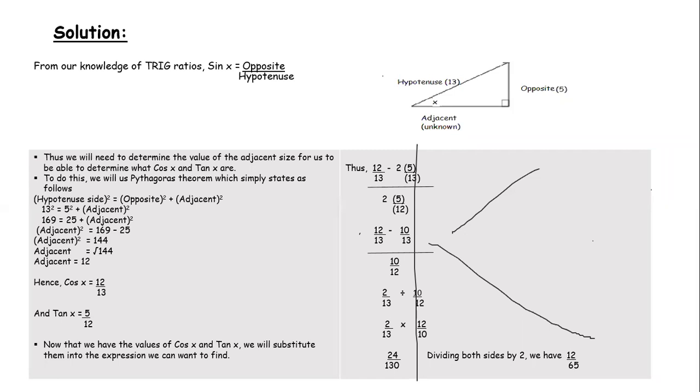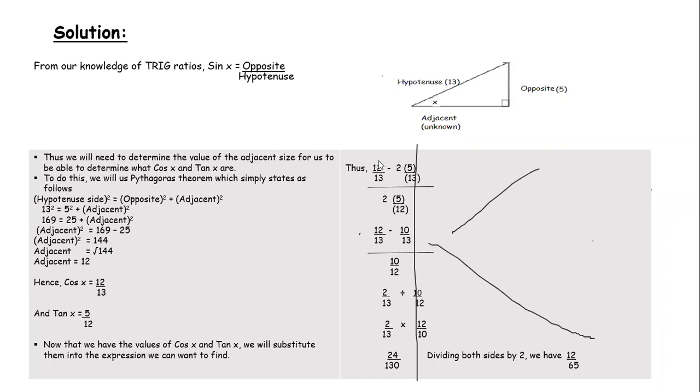We now know the opposite, the adjacent, and the hypotenuse. Hence, cos is adjacent over hypotenuse, which is 12 over 13, and tangent is opposite over adjacent, which is 5 over 12. Now we put these figures into the expression. Going back to the question, we should find cos x minus 2 multiplied by sine x, divided by 2 multiplied by tan x.